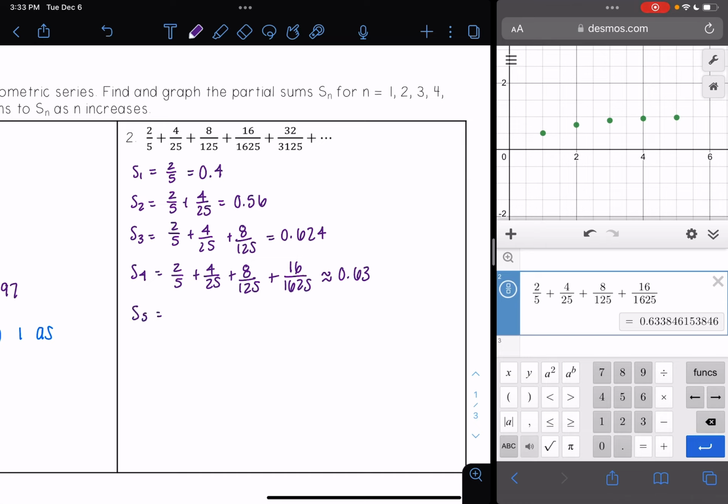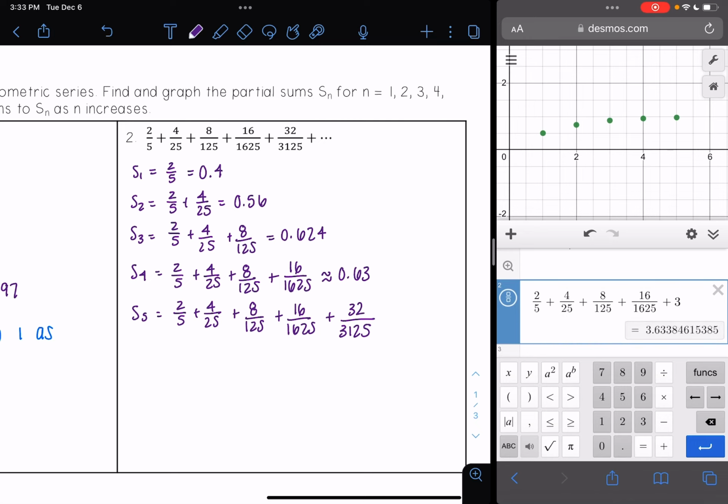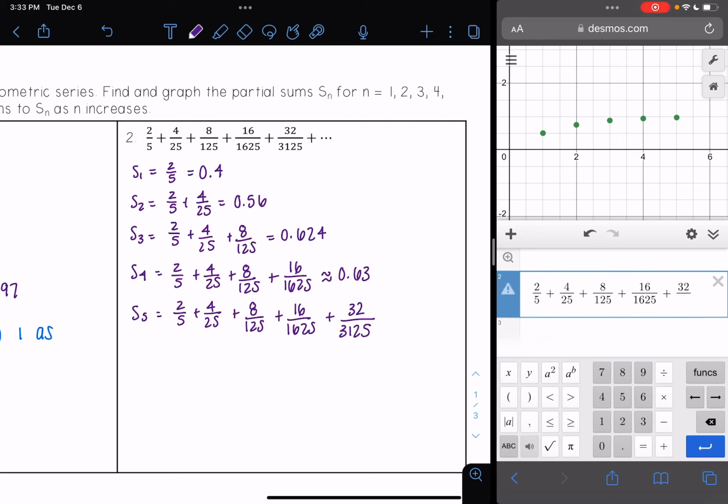And then S5, I'm going to add the first 5 terms. So now I need to add 32 over 3125, and I get 0.64.